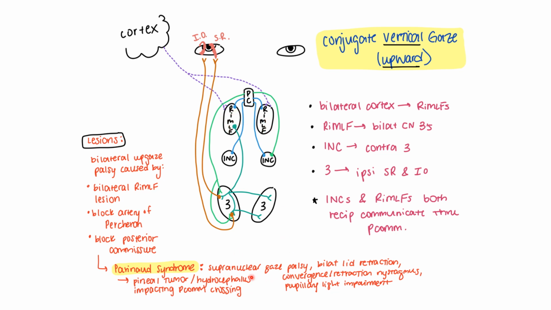It's actually above the nucleus, so this PCOM. You get bilateral eyelid retraction, convergence retraction nystagmus, pupillary light reflex impairment. So just keep track of all of these deficits you're going to have if you do block something, instead of necessarily looking step by step through this diagram.